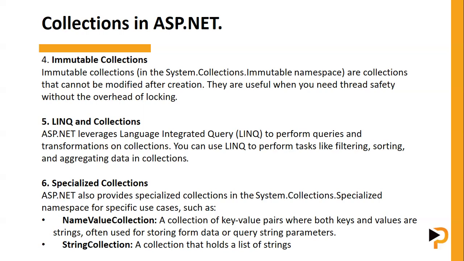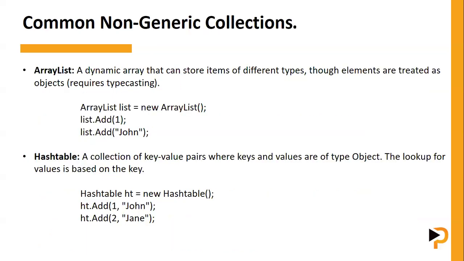Thread safety, concurrent collections, then immutability, immutable collections, like this. So understanding these collections allows you to efficiently work with data, improves your application performance, and write clean and maintainable code. So let's go ahead and we will see each of the collections one by one.